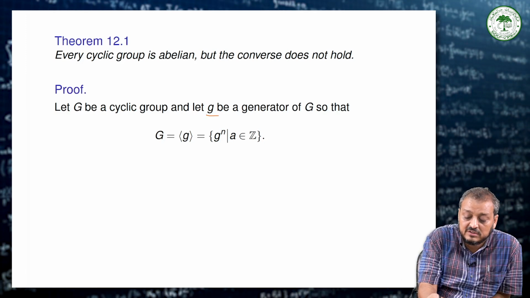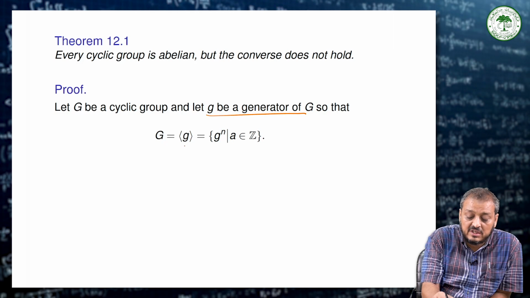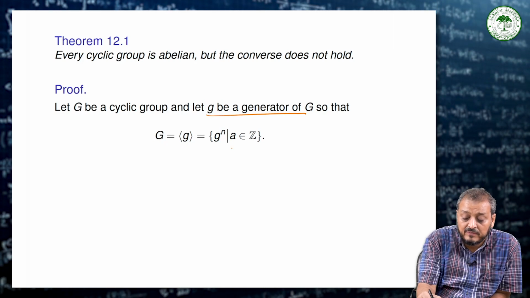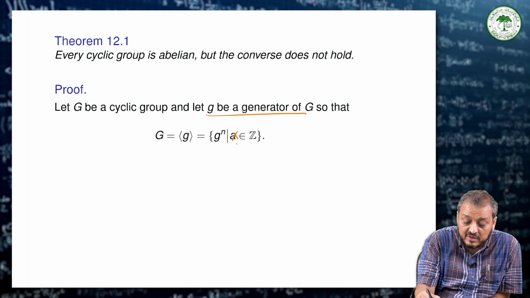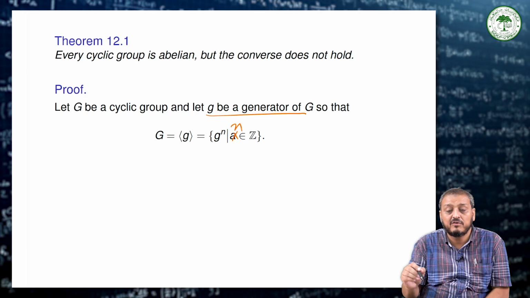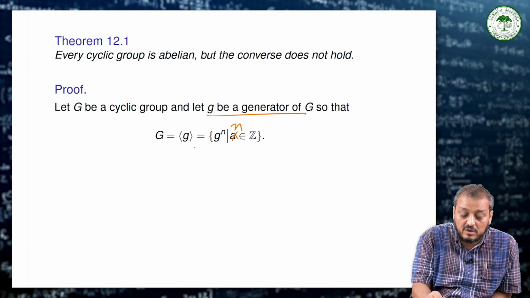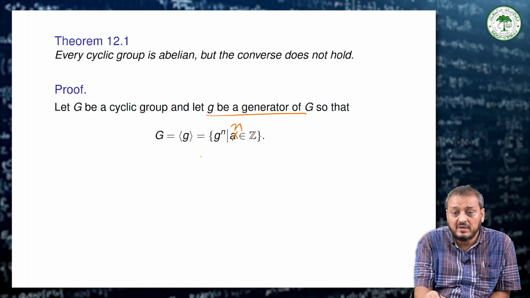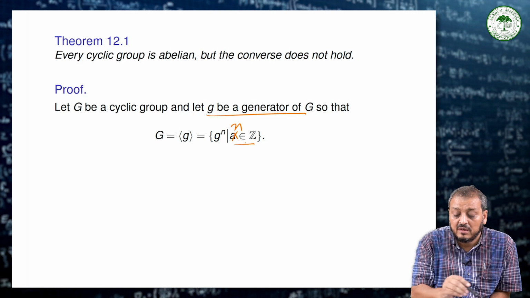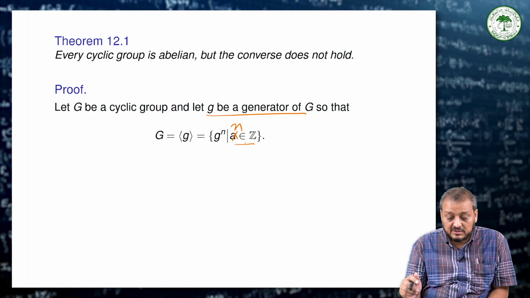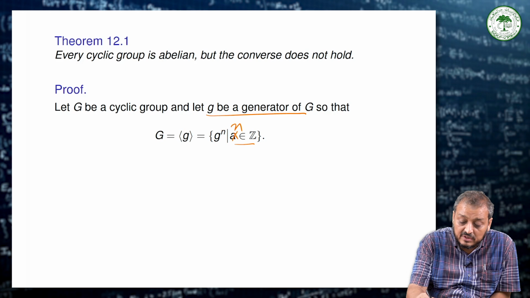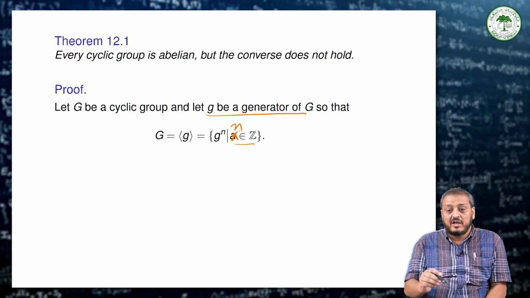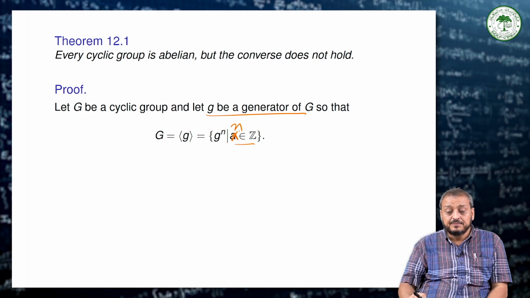Let g be the generator of G. Then G is generated by g to the power n, where n belongs to Z.